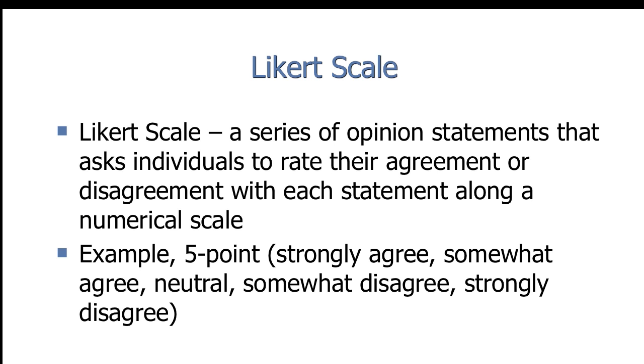The Likert scale is a series of opinion statements that asks individuals to rate their agreement or disagreement with each statement along a numerical scale. For example, 5 points: strongly agree, somewhat agree, neutral, somewhat disagree, and strongly disagree.